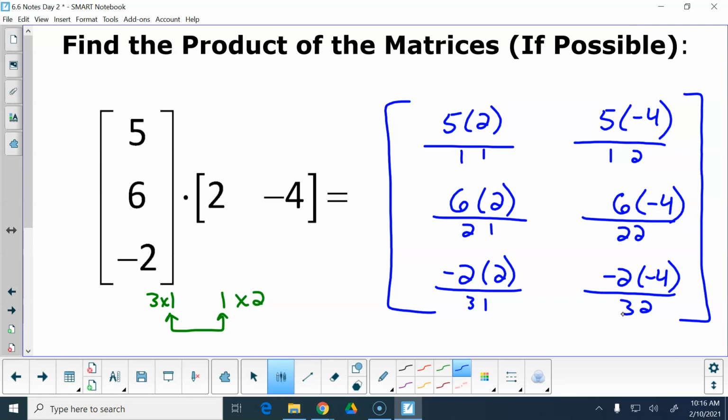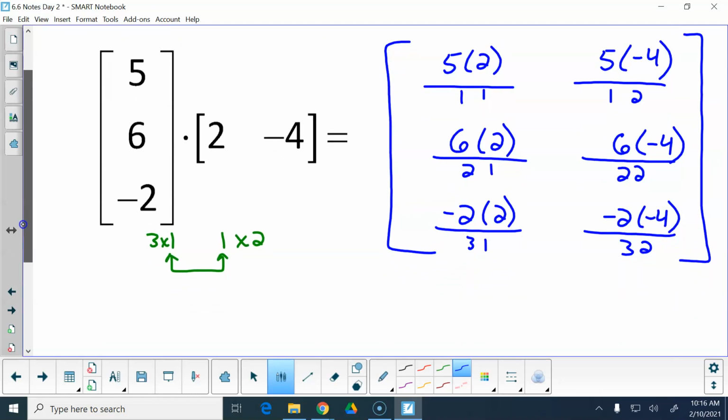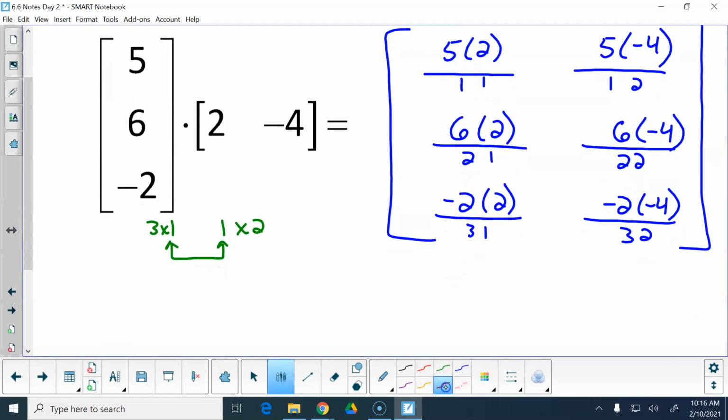Everything in matrices is rows by columns. Rows of the first one times columns of the second one gets me my resultant 3 by 2 matrix, which ends up being 10, -20, 12, -24, -4, +8.